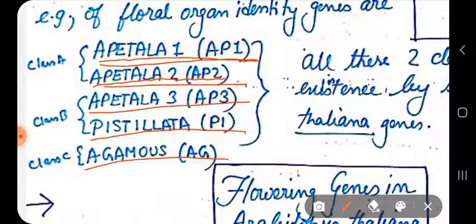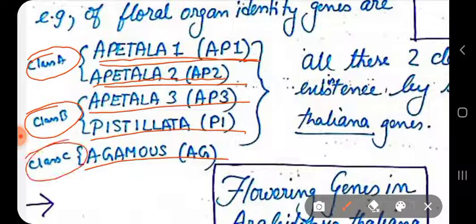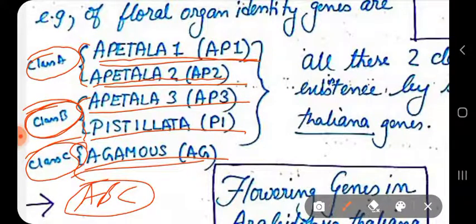And if you see, I have separated these genes into three classes: class A, class B, and class C. It will be required when we study the ABC model of flower development. This ABC represents class A, class B, class C. Which of these floral organ identity genes come first, which come later, for proper expression of the organs of the flowers.